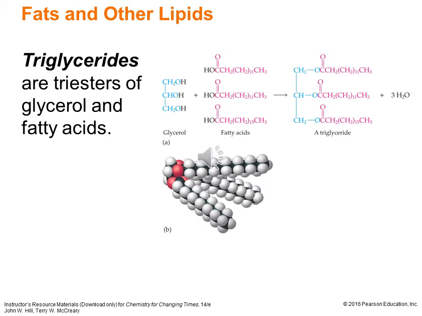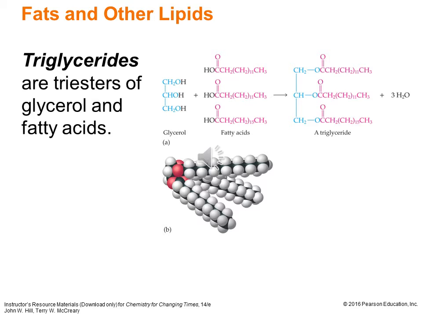Going back to that idea of fats as triglycerides, that's because, as we see up above, we have glycerol, that 3-carbon triol. It's a trialcohol, 3 OH groups off of the 3 carbons. Each of those OH groups can form an ester bond with an OH group from a carboxylic acid to form the triglyceride, and as a result you get 3 waters as the coproducts.